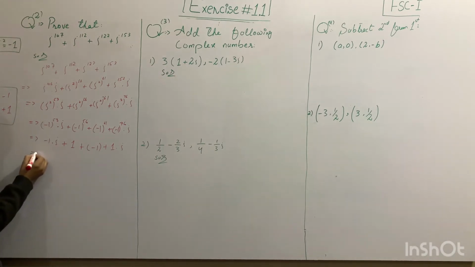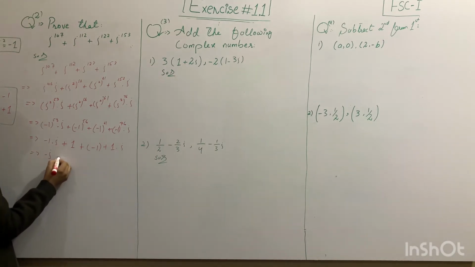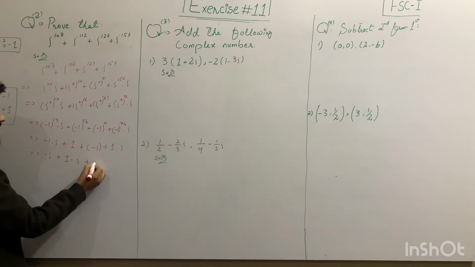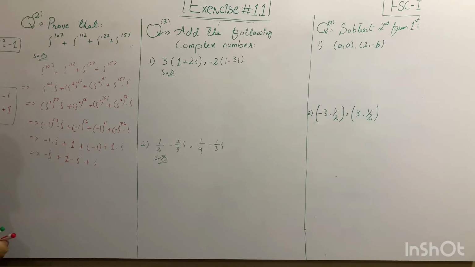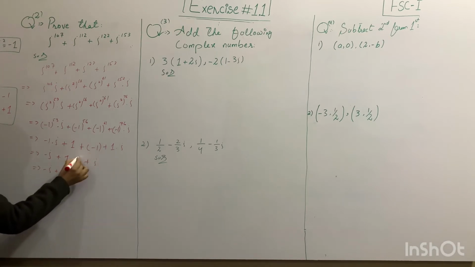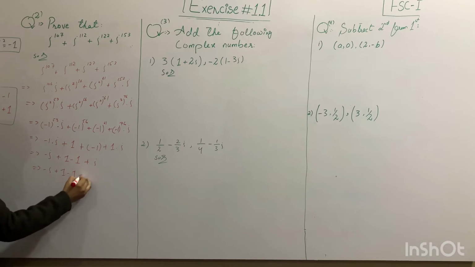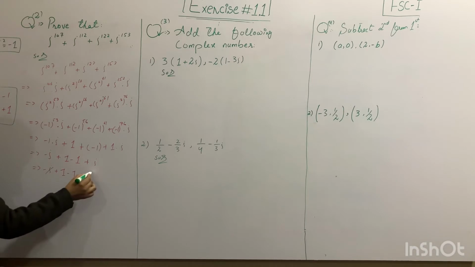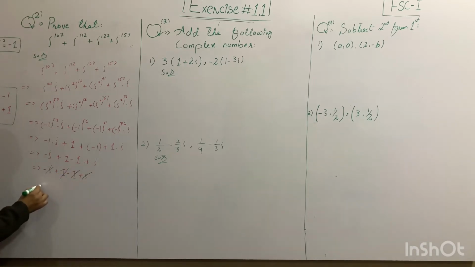So on multiplication, minus iota plus 1 minus 1 plus iota. Now as you can see here, minus iota cancels out with plus iota, and plus 1 with minus 1. So the answer is equal to 0. So this is the answer.